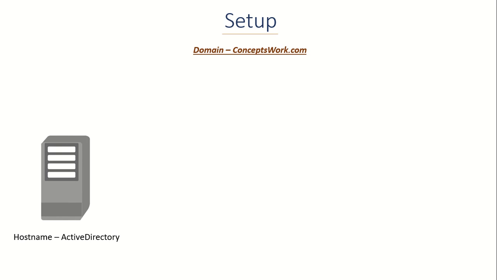Now, the setup that I will be using in this demo: I have a domain, which is conceptswork.com. The first machine, on which I have already installed Active Directory, has the host name Active Directory.